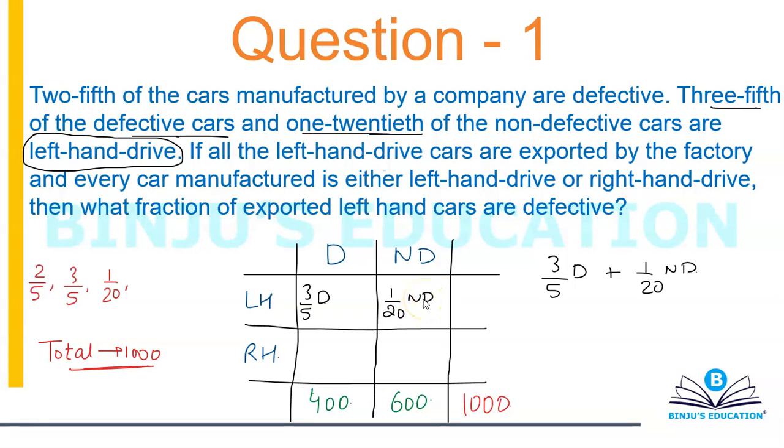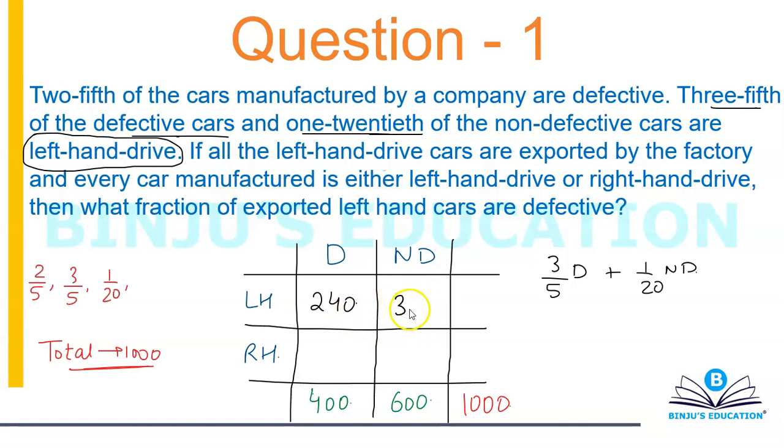Let's just calculate the two values. So this will become 160. Let me just calculate once more. So 240, not 160, my bad, 240. And 1/20th of non-defective will simply be equal to 30.